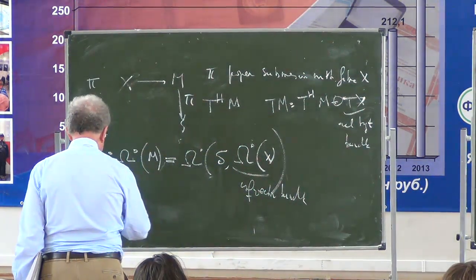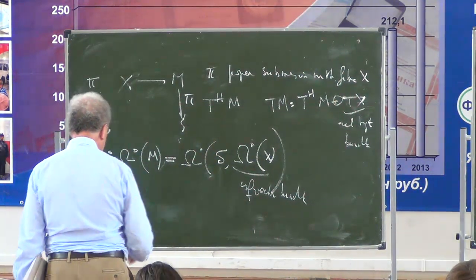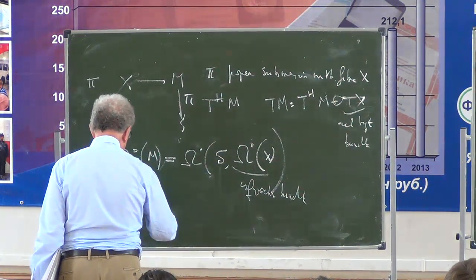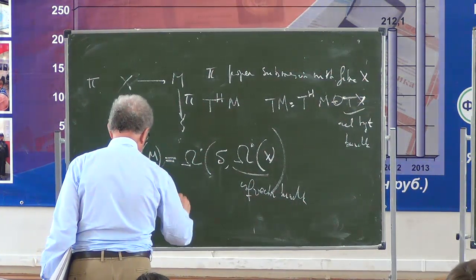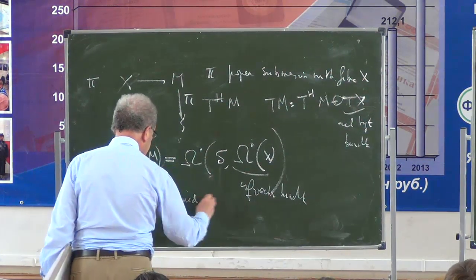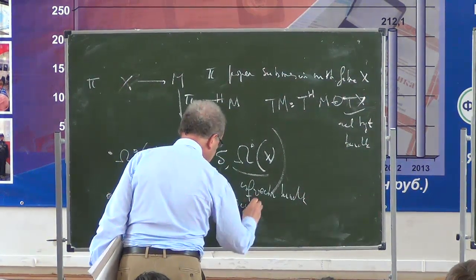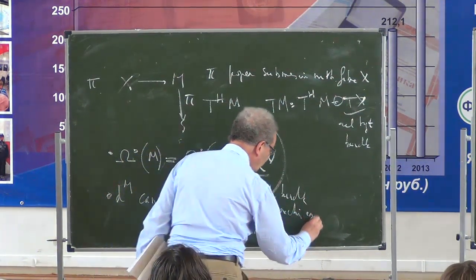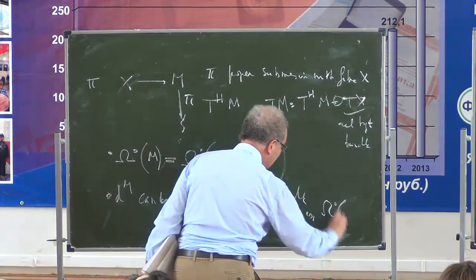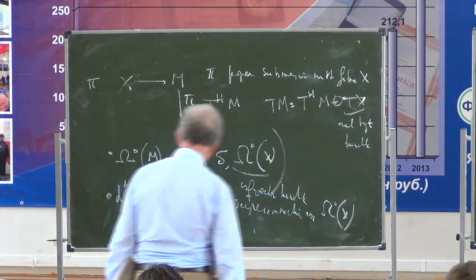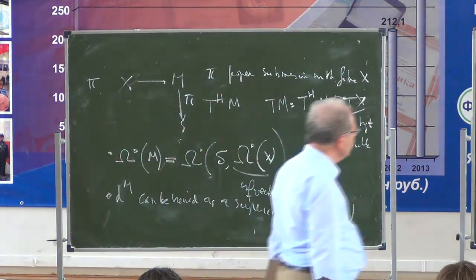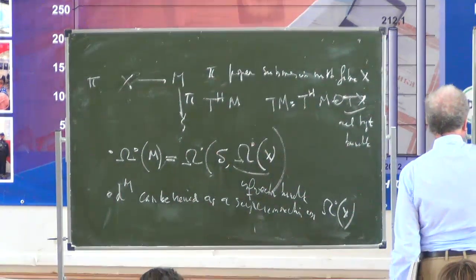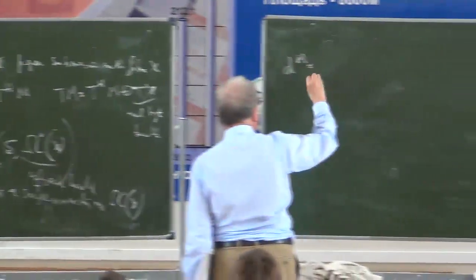And also that d_M, the de Rham operator, can be viewed as a superconnection on the relative de Rham complex. And we even gave a formula for this that I will just not explain anymore.